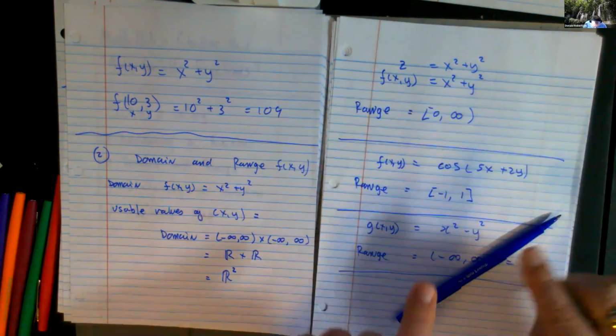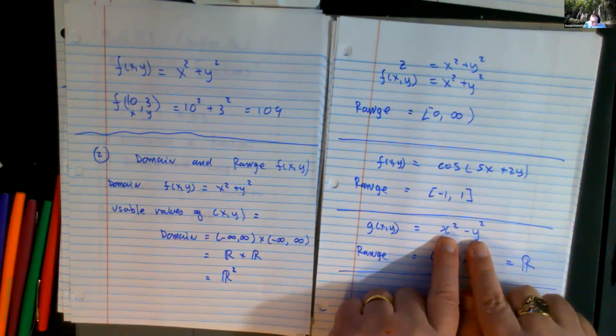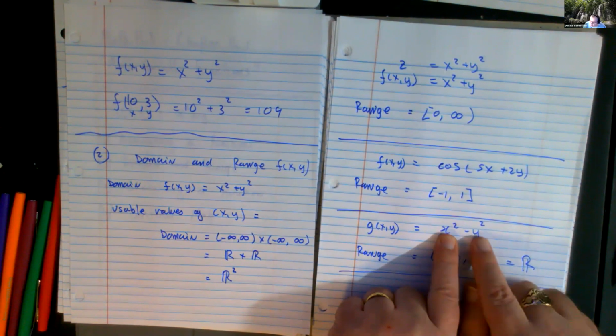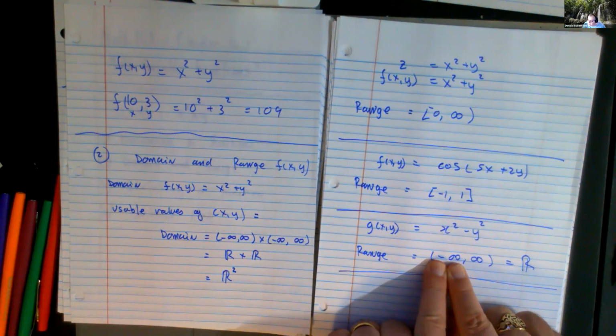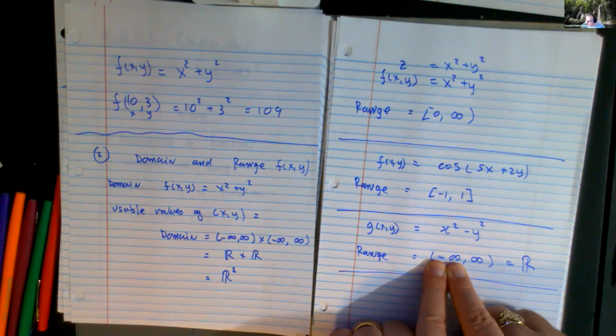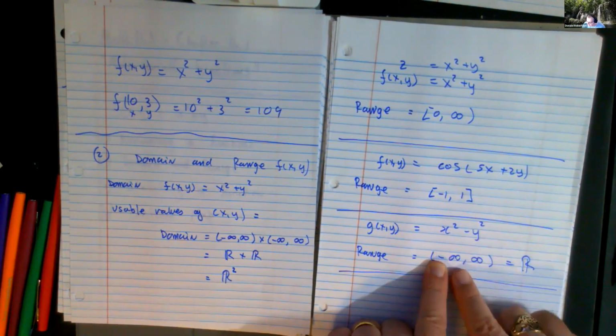Now this one, because you're subtracting, couldn't you take a really small x and a really, really big y? And if you calculated it, couldn't the answer be really big and negative? In fact, negative infinity, if you think about it. Couldn't you make it as negative as you like by making this y huge?